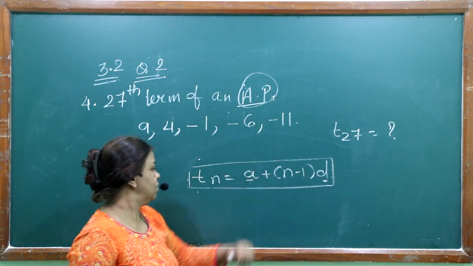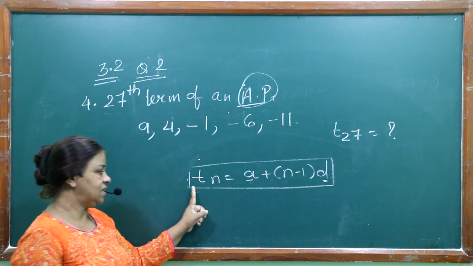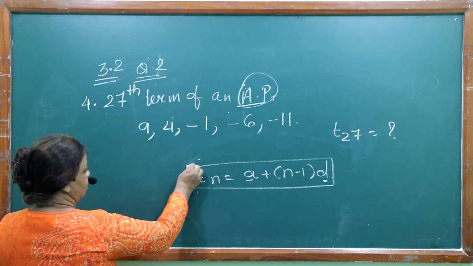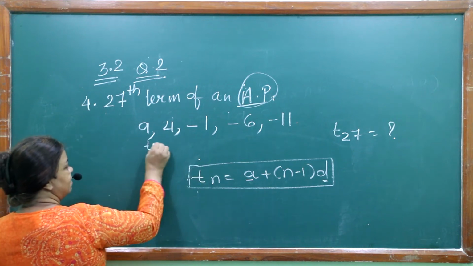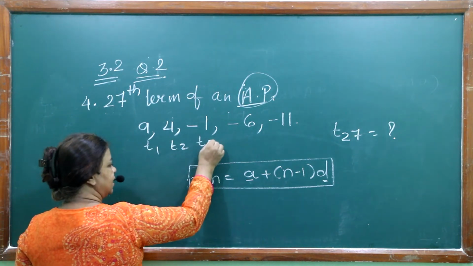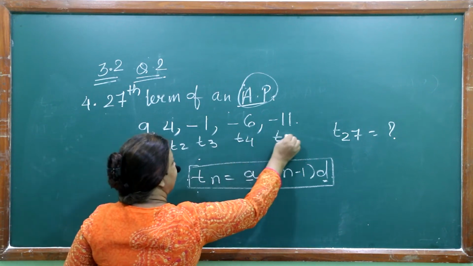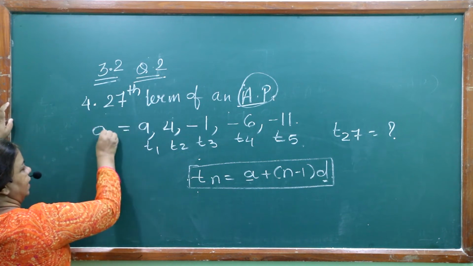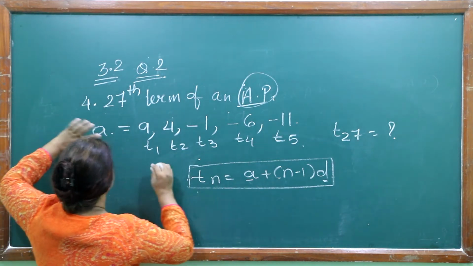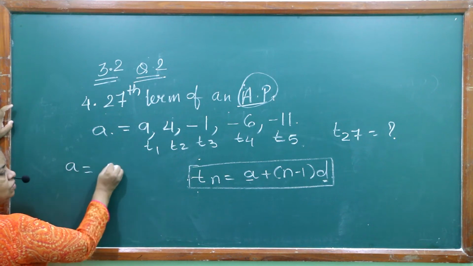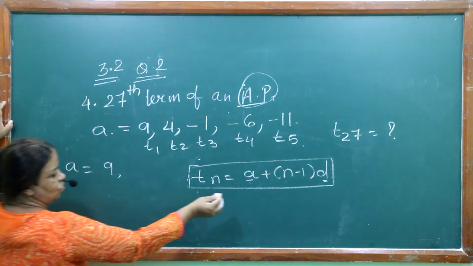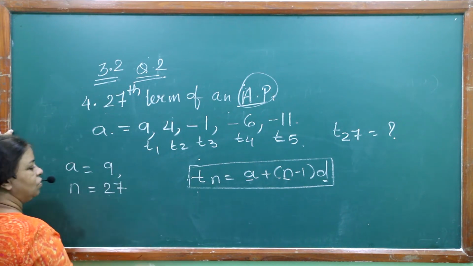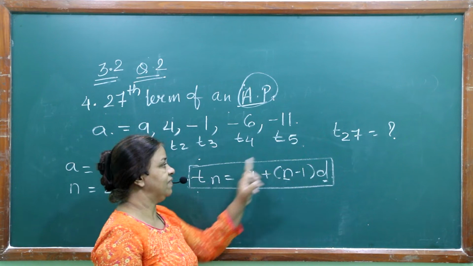For finding any term, the formula which we will be requiring is Tn is equal to A plus n minus 1 into D. As you know, this will be T1, T2, T3, T4 and T5. T1 is nothing but A. We got the value of A. A is equal to 9. So n is equal to 27, because we want to find out the T27 term.